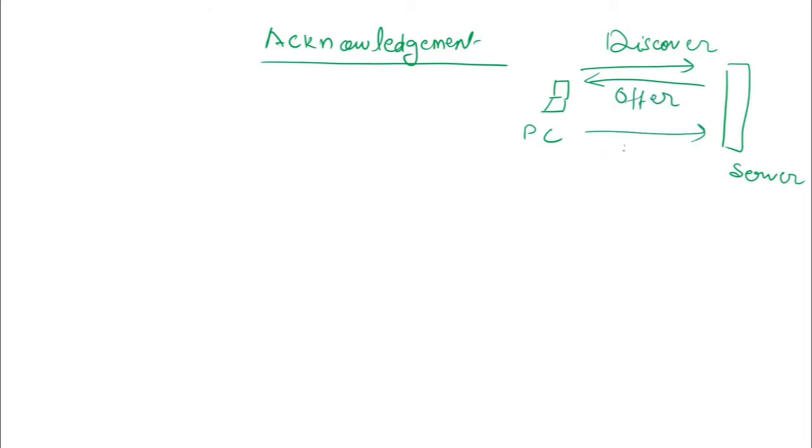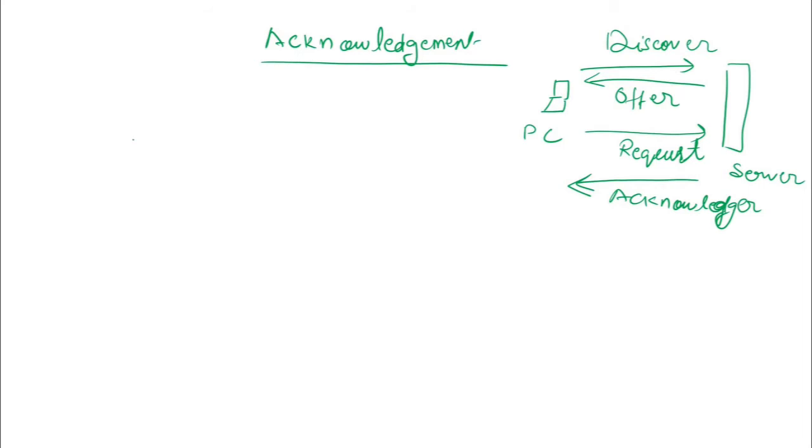The PC requests, okay, I'm happy with this IP address whatever you have offered me. And once the server receives that request, then it acknowledges that whatever the IP address I have assigned you, that is confirmed. So after the acknowledgement, the information is confirmed and the IP address assignment is done.